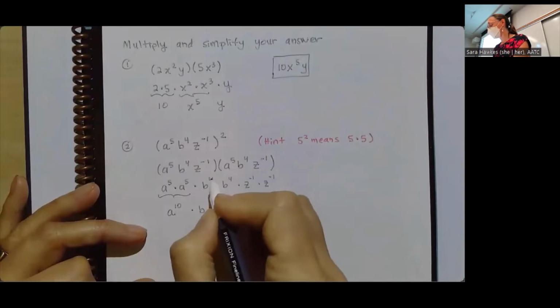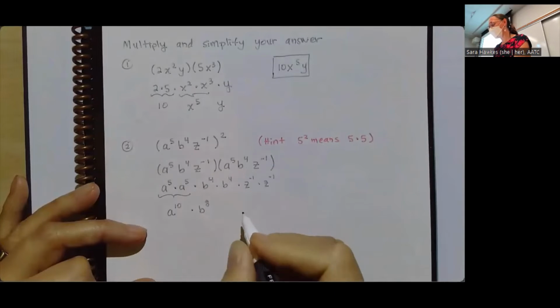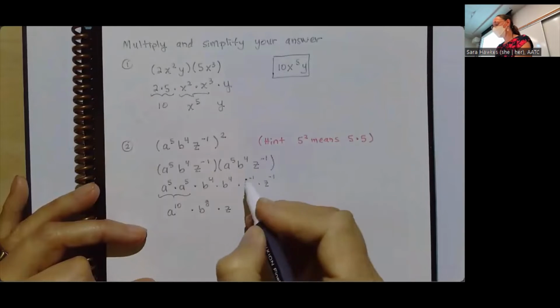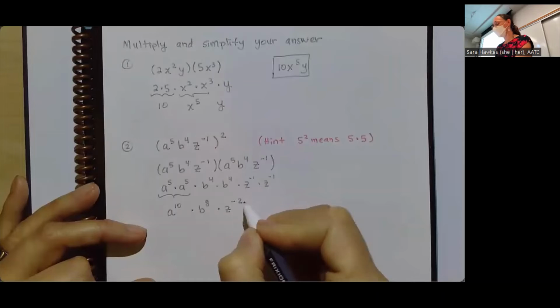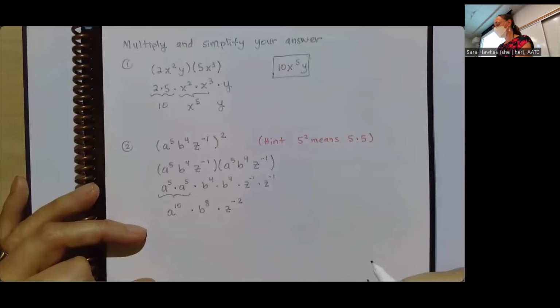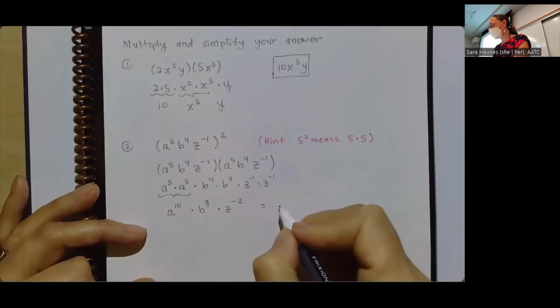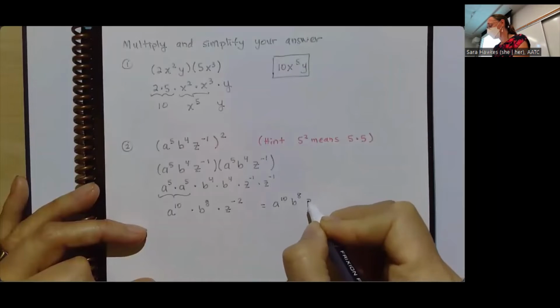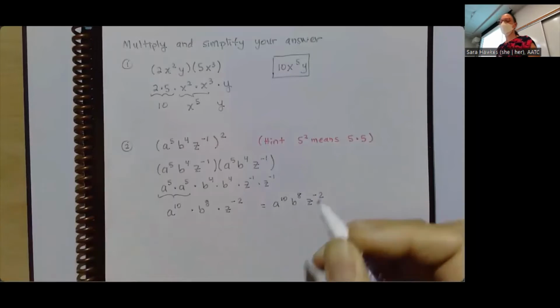Same thing with my b's. When I add those exponents, I end up with b to the 8th. And with my z's, -1 plus -1 is -2. So I am looking at a to the 10th, b to the 8th, z to the -2.